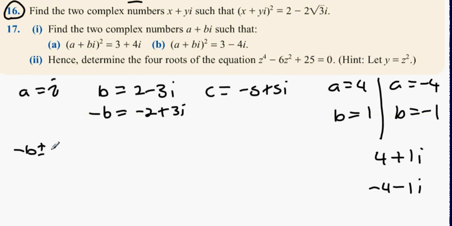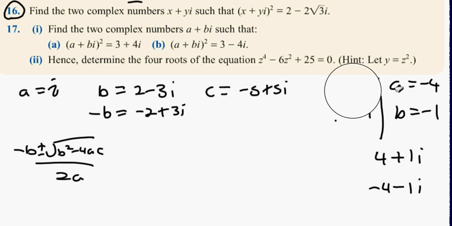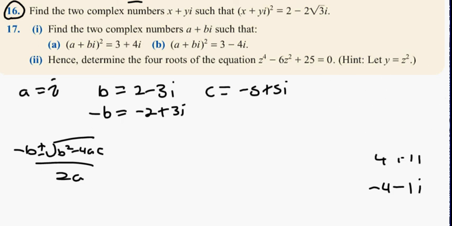Before I do that, minus b plus or minus the square root of b squared minus 4ac all over 2a. I want to find out what b squared is, so we're going to need this 4 plus i and minus 4 minus i in a minute. Just put it up here for storage and begin.